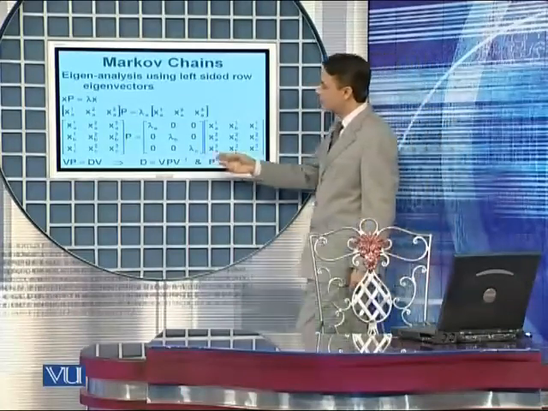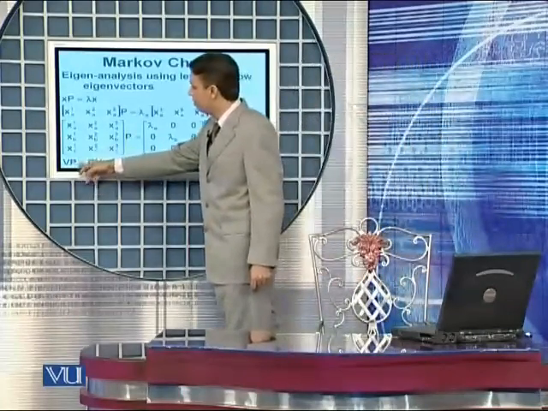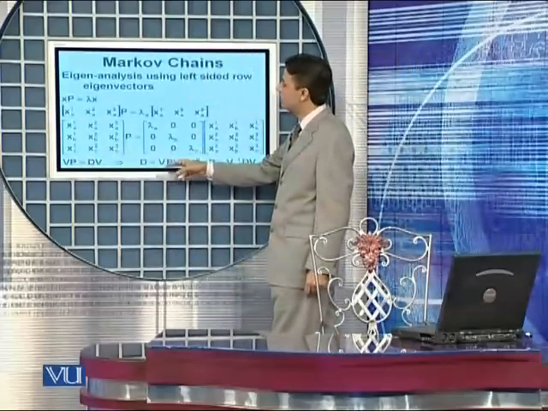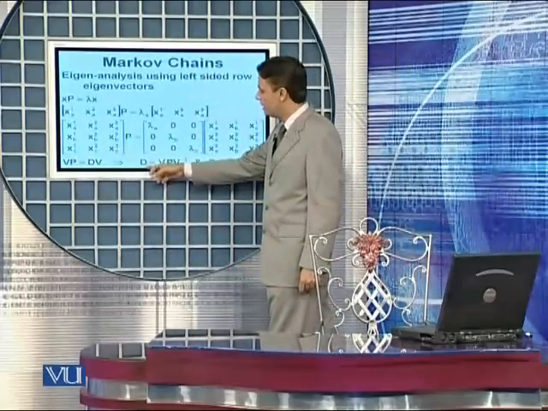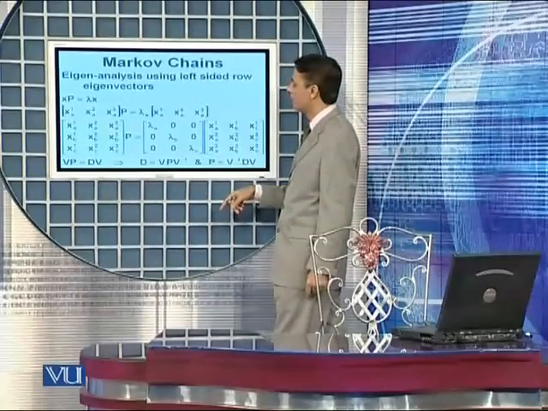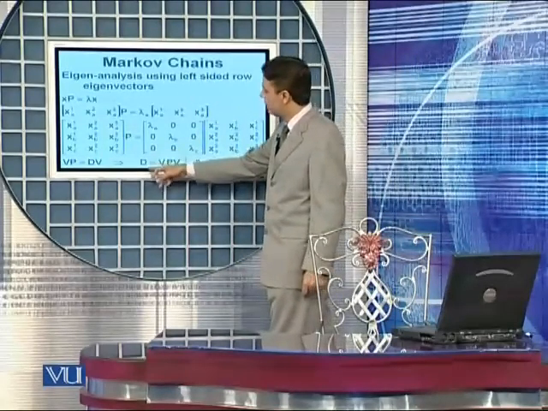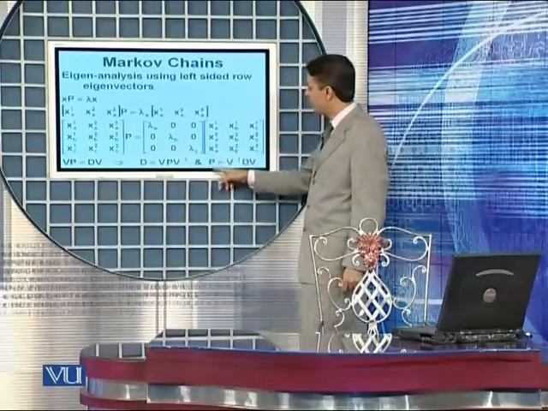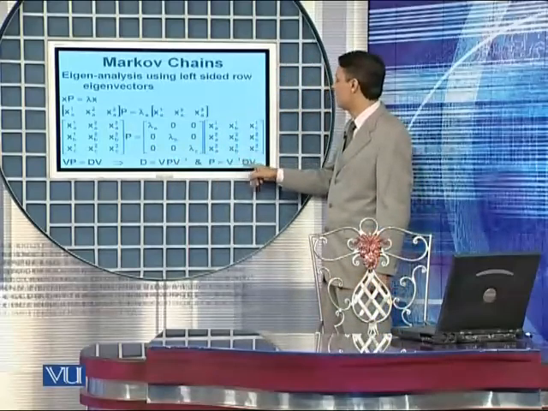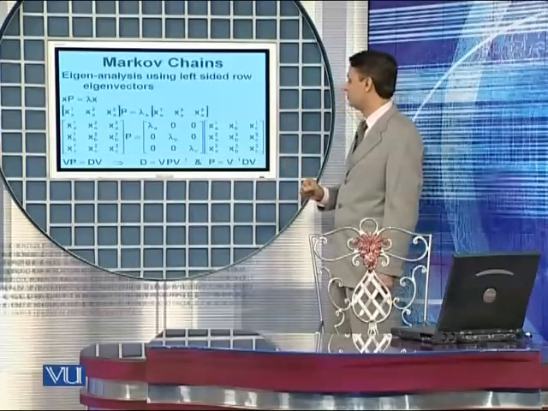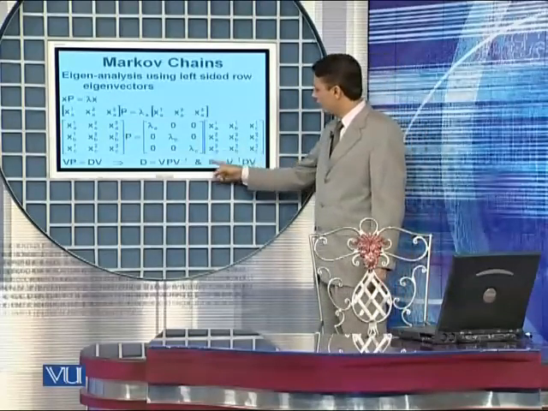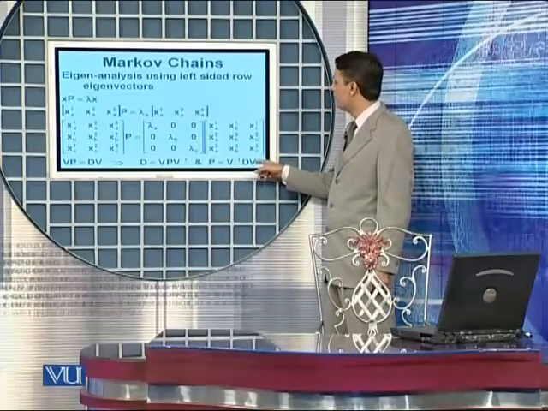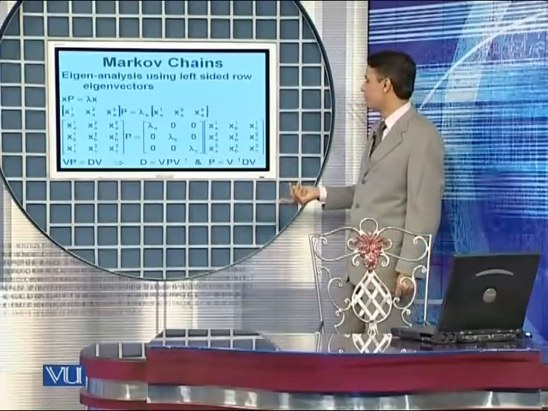So if we start with this matrix multiplication VP is equal to DV, you can have two representations showing the value of D and P in terms of other matrices: D is V times P times V inverse, and P is V inverse times D times V. So the order of inverse and regular V have been switched.